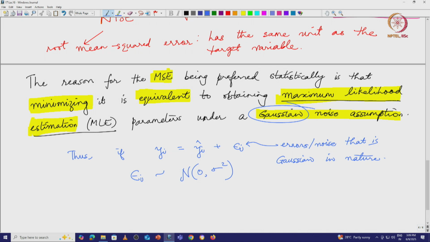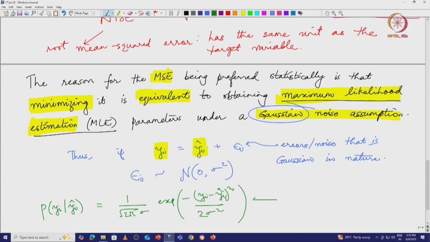Okay. And as before, you know that yi is the true value, yi hat is the predicted value. So, in this case then, if you wanted to write the probability of yi being the true value given your predicted yi hat, that will be 1 over root 2 pi sigma exponent of minus yi minus y hat whole squared by 2 sigma squared.